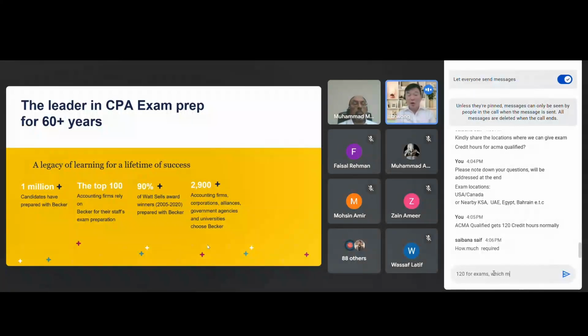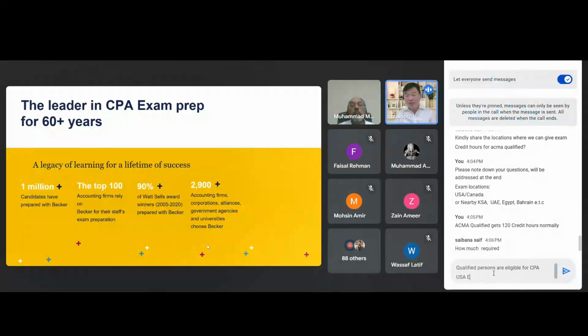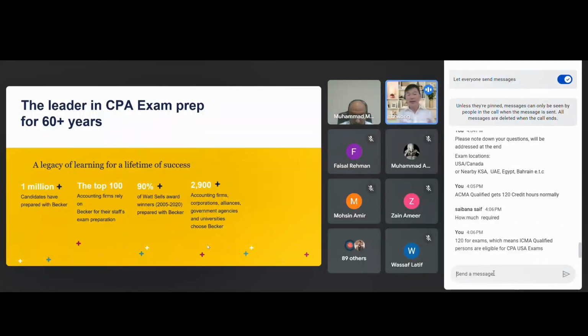Since 2005, over 90% of the award winners are Becker alumni, and I'm happy to tell you that in 2023, 98% of the award winners were Becker students. Globally, we also work with close to 3,000 organizations to prepare their staff to become CPAs.